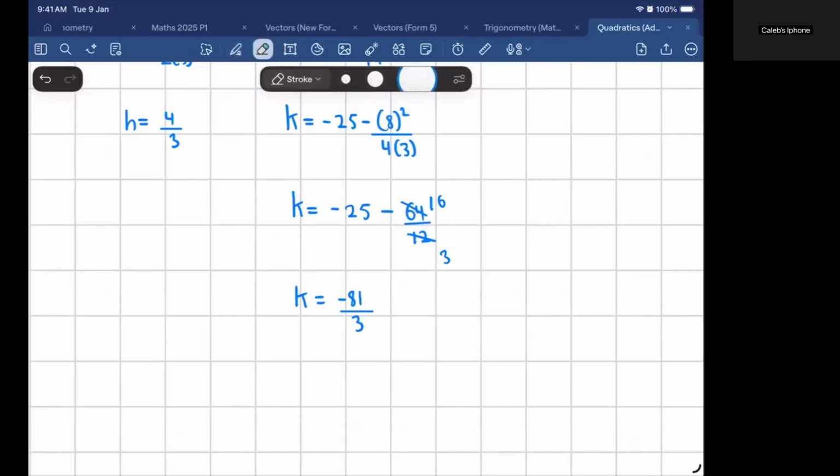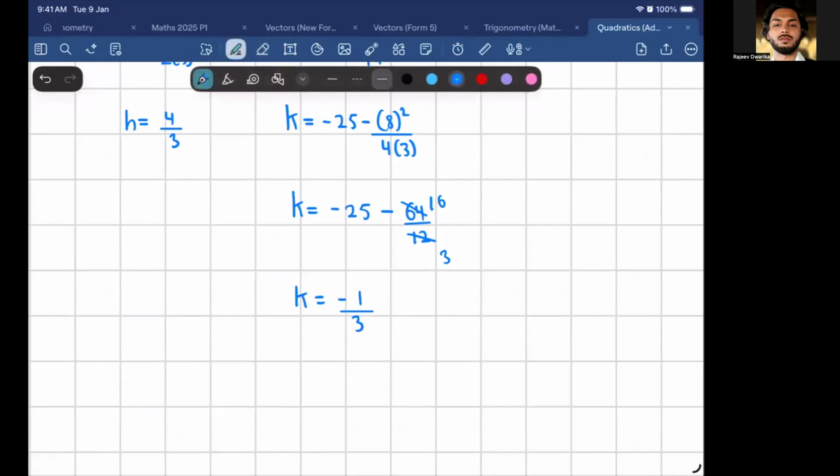It's supposed to be 91, because this would work out to be minus 75 over 3, and then minus 75 minus 16. 7 plus 1 is 8, 5 plus 6 is 11. Minus 91. Are you getting minus 91 over 3? Yes. Serena, are you guessing that? I don't have my calculator with me, so I couldn't check. Serena, you don't need that calculator. Your brain is big enough for this.